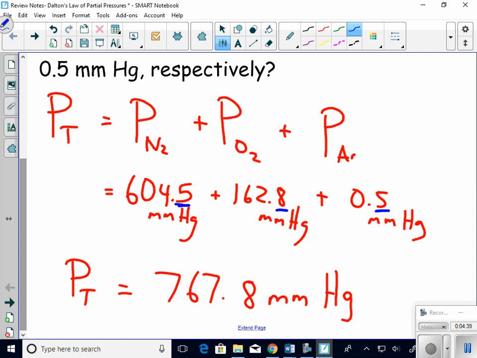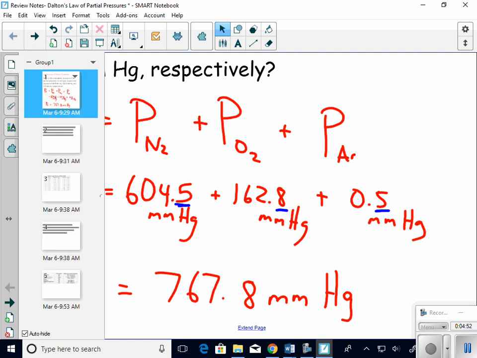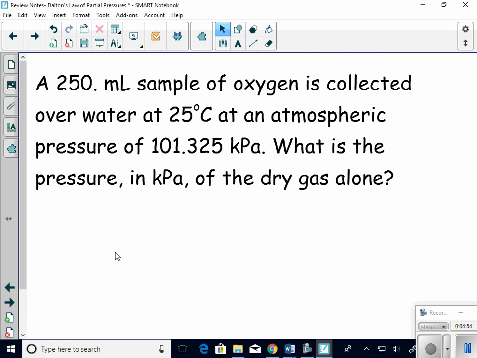PSI, pounds per square inch. So we'll be dealing with some of those, and I'm going to have you copy a chart here coming up, but we're going to do another example first. Go ahead and copy this example down, and we'll work it.